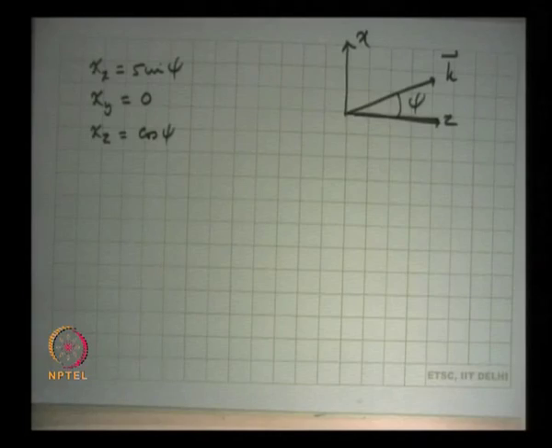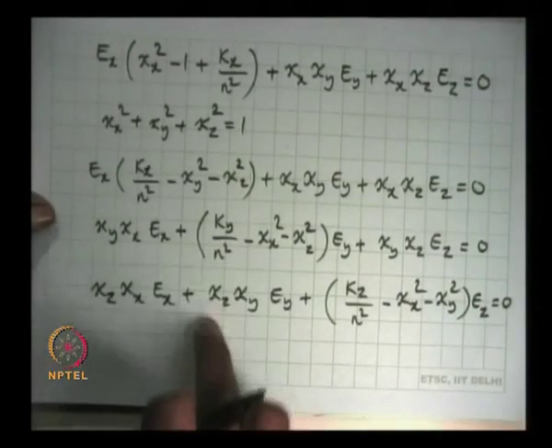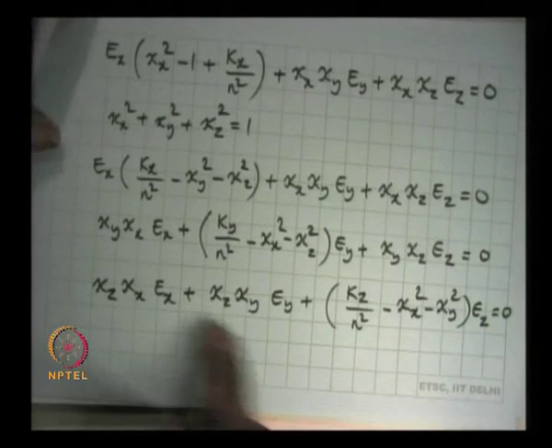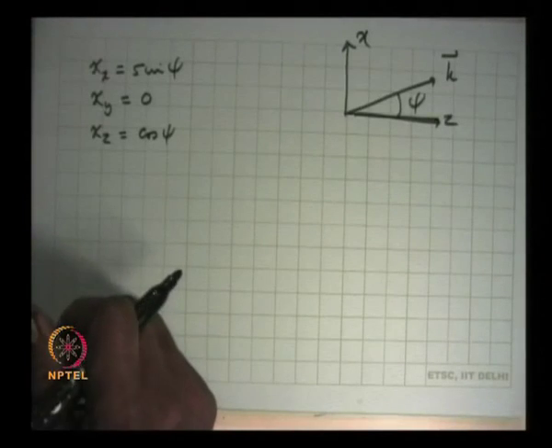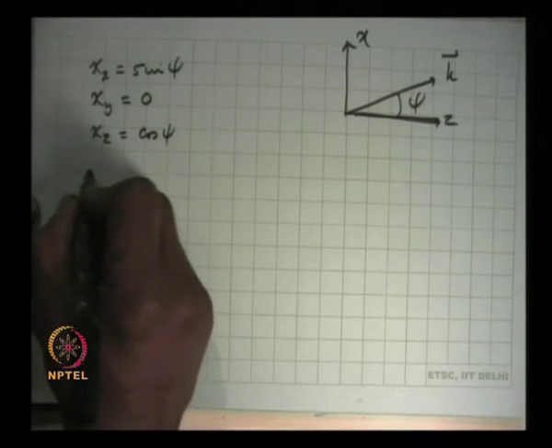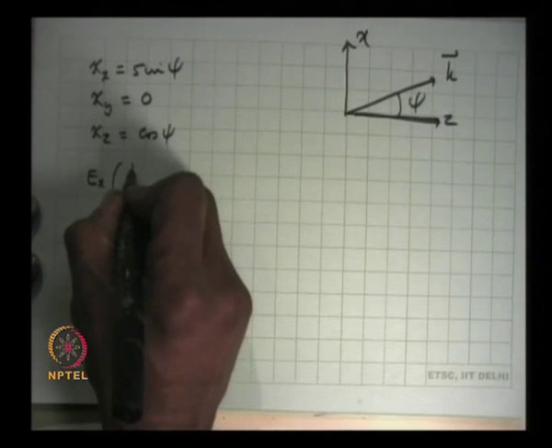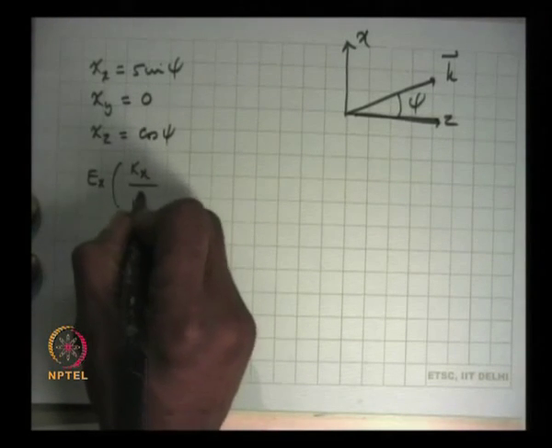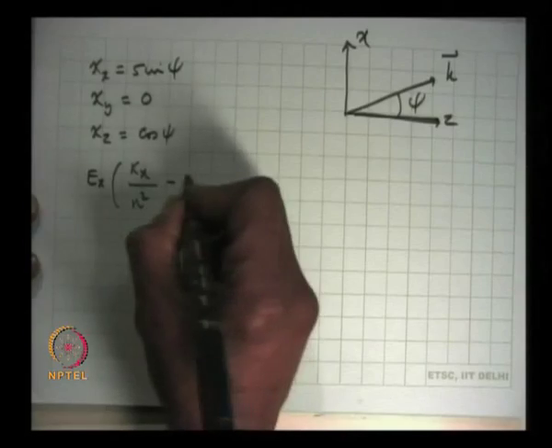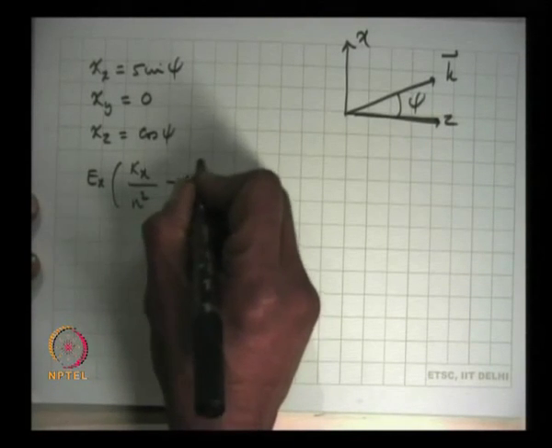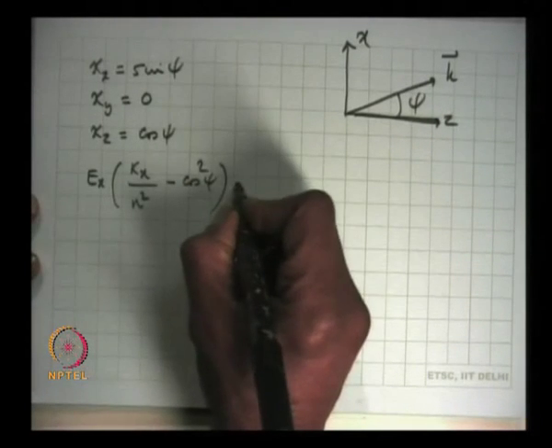Now, let me substitute these into those three equations. I will go back to these equations, substitute these values of kappa x, kappa y, kappa z, and let me write those equations. So, Ex times kx by n square minus kappa z square, which is cos square psi.